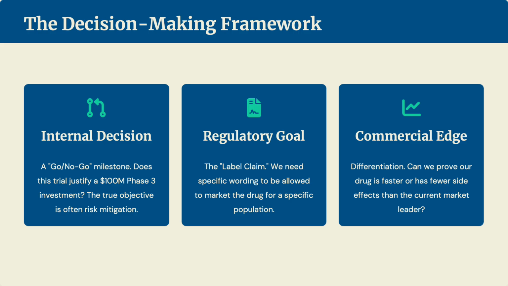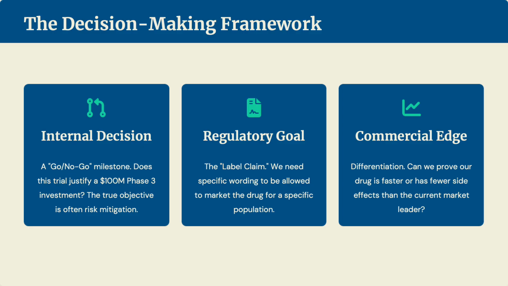We can break this hidden objective into three categories. First, internal decisions. Does this trial justify a $100 million phase 3 investment? Second, regulatory goals.